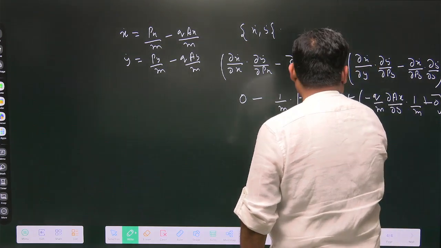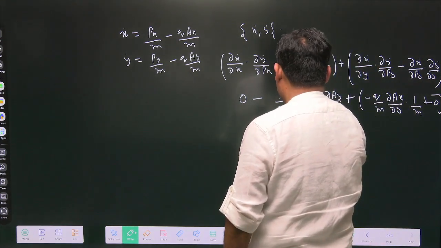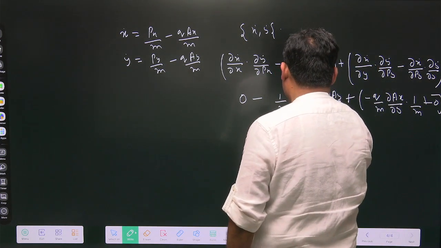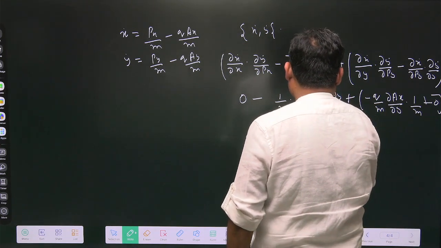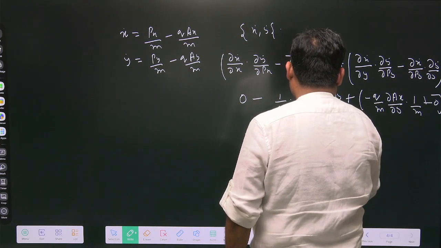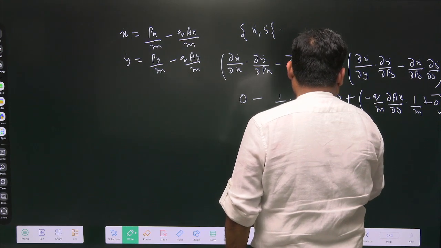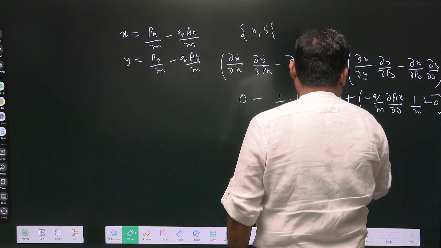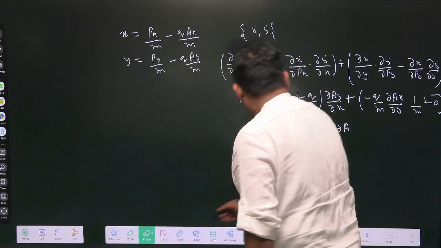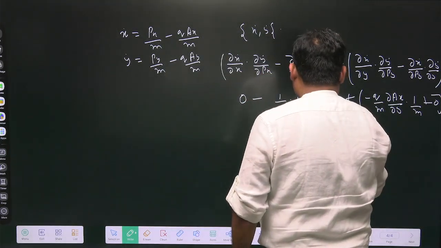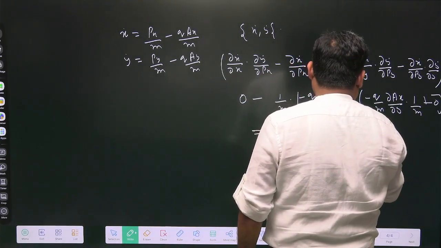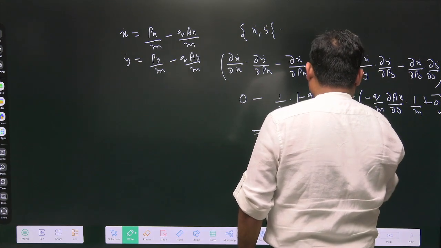So when we calculate this term, this value is equal to q squared upon m squared times (∂Ay/∂x minus ∂Ax/∂y).